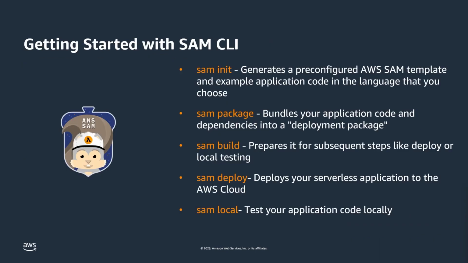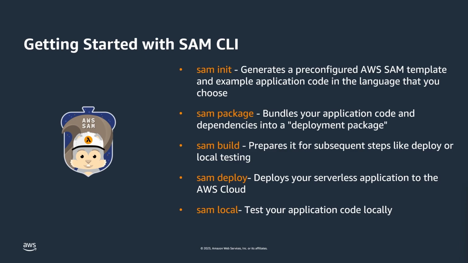So let's think about how we can get started building serverless applications using the SAM CLI. If you're just getting started, the first command that you're going to want to look at is sam init. What sam init does is generate a pre-configured AWS SAM template and example application in a language of your choice.